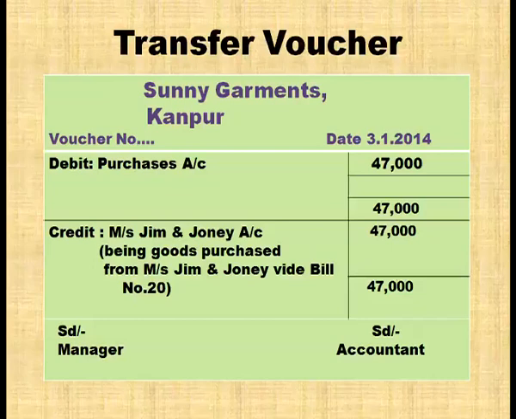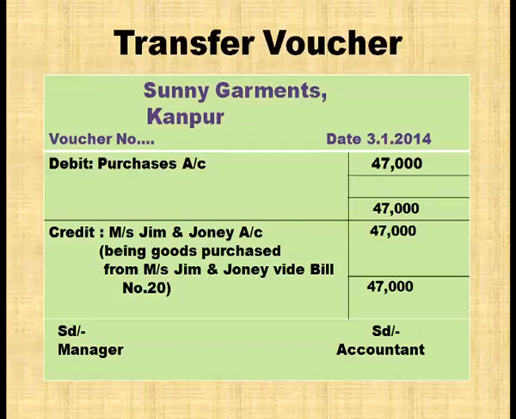That is purchases account. Goods are purchased from Messrs. Jim and Johnny. So, you are debiting purchases account and you are crediting Messrs. Jim and Johnny's account. So, in the third line, you will write credit Messrs. Jim and Johnny, that is the name of the account to be credited.